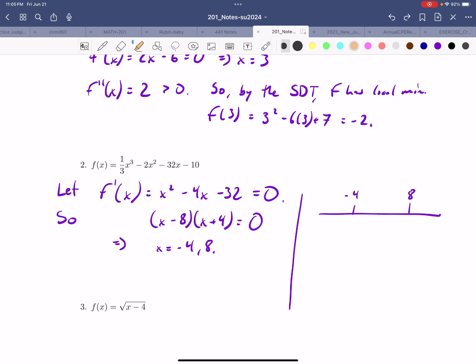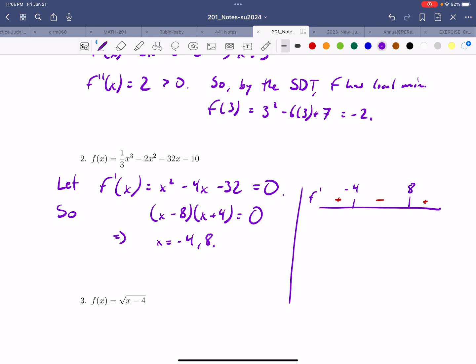So we have a positive. Plug in 0 into f prime of x, and you get a negative, negative 8 times positive 4. Plug in a big number like 10, you clearly get a positive times a positive.